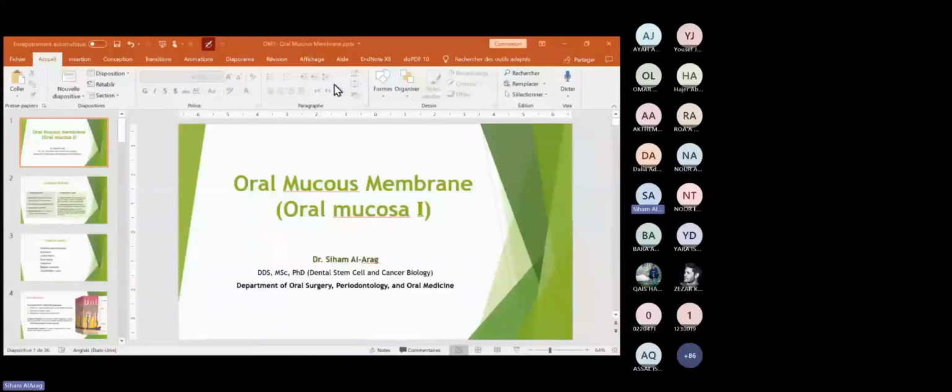We have what we call epithelial ridges or epithelial pegs, which are the indentations or projections of the epithelium into the lamina propria.